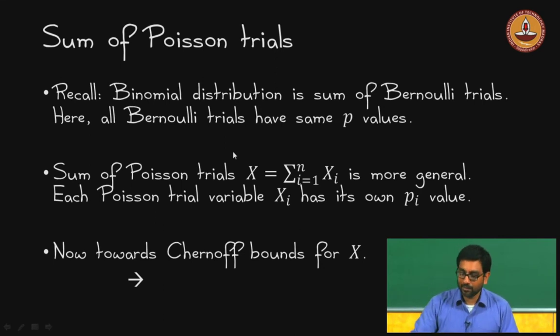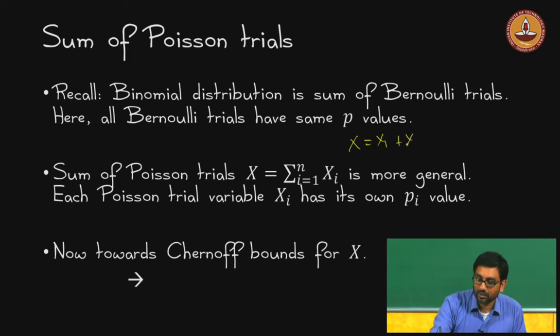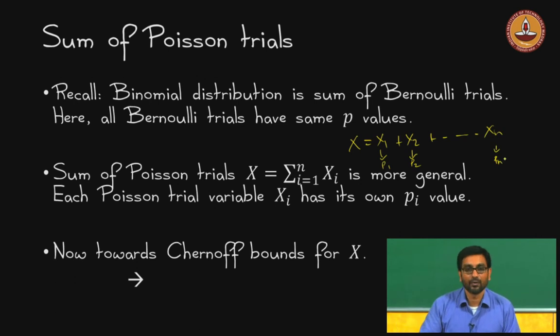So, what is x? x equals x1 plus x2 plus and so on up to xn. Each one can have its own probability of success. Okay. So, that is the general nature of sum of Poisson trials. Of course, if all of these pi's are equal, you get back the binomial distribution.